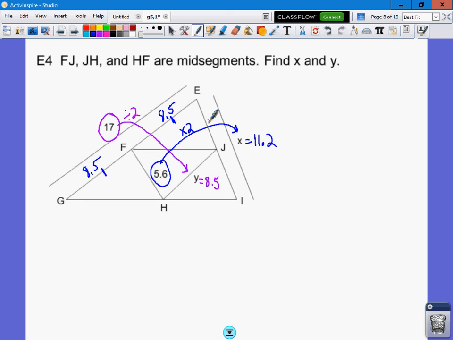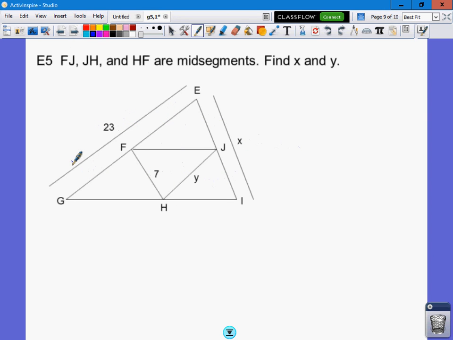No, the whole thing is 11.2. How big is this one? 5.6 and 5.6. Because I divided 11.2 by what? 2. Everybody good?